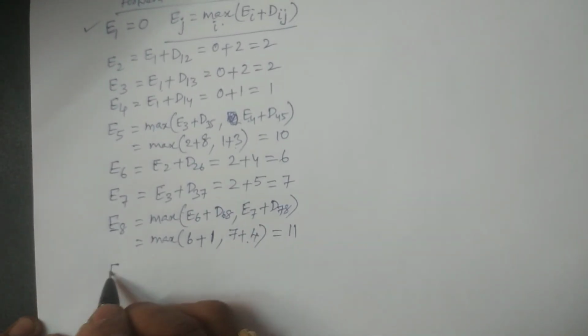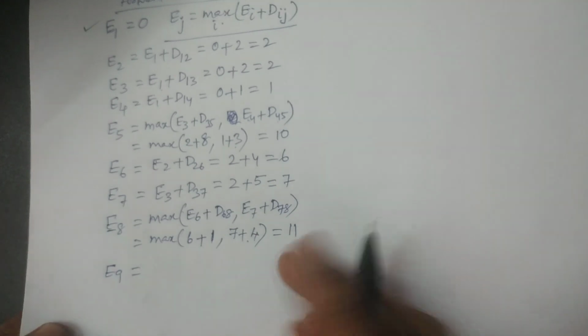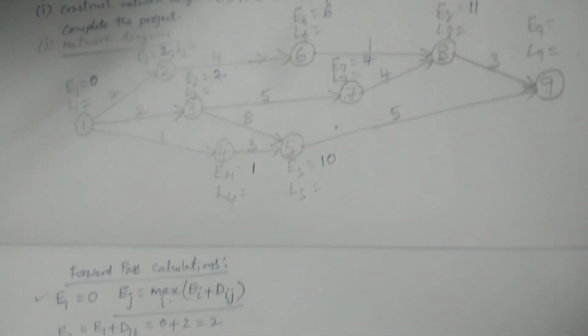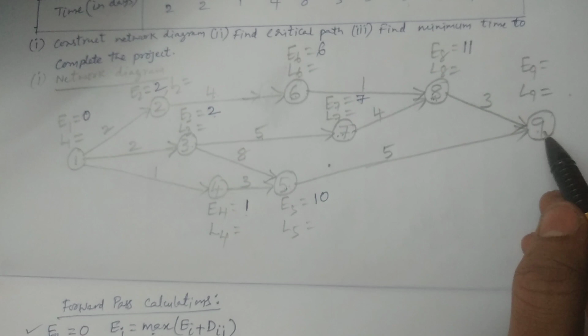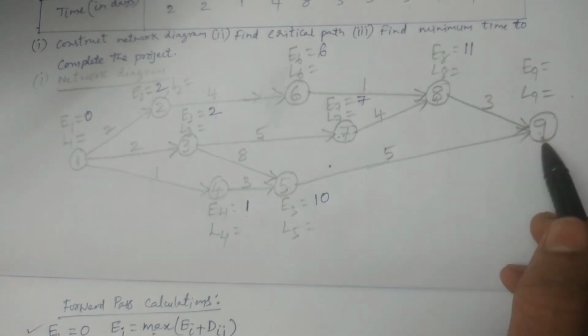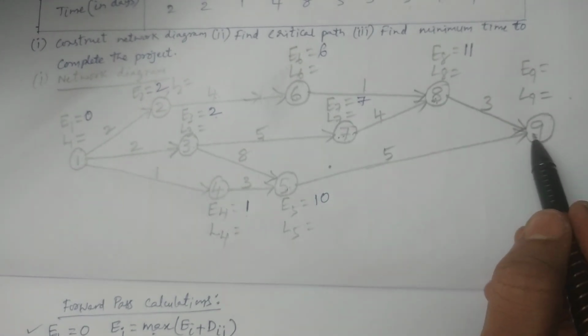It is connecting again with the help of two events and two activities are formed: 5 to 9 and 8 to 9. Observe here.